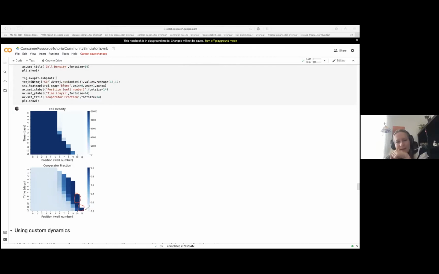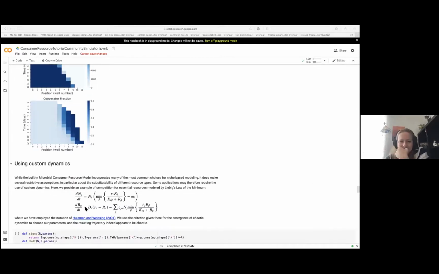So this is the longest propagation, right? This degrader lives on this end well, but here your byproduct consumer is already established, and it kind of kicks out this primary degrader. So I think it's a nice demonstration of how you can explore different experimental setups in this well-plate scenario using this model.